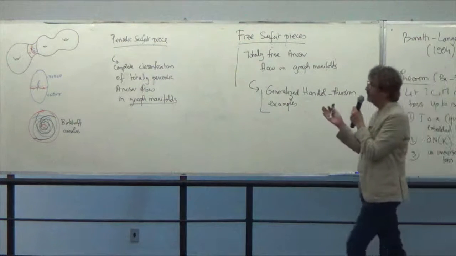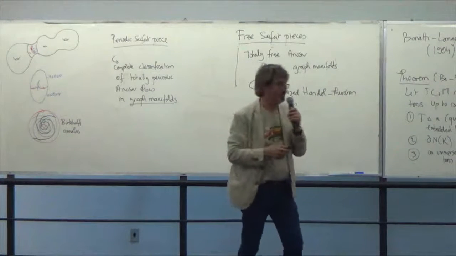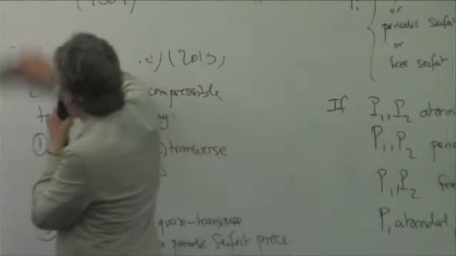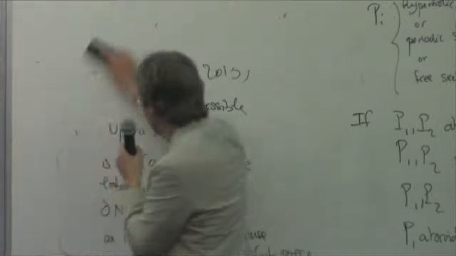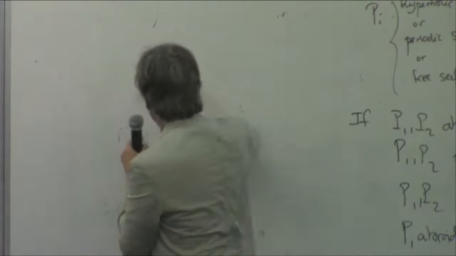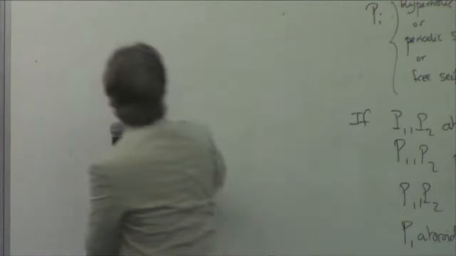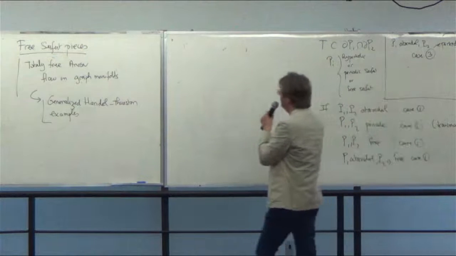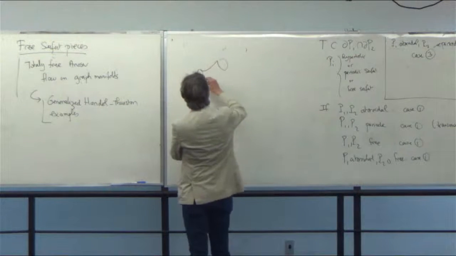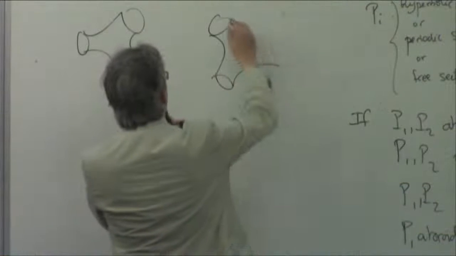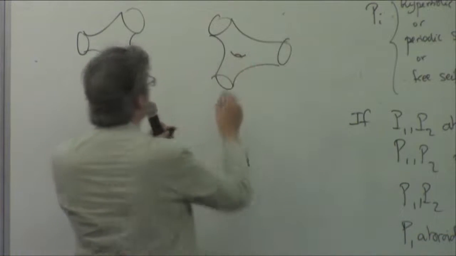And then you can glue back and you still have some examples. What was not very clear in the paper by Handel-Thurston is the following problem. You could take a finite number of, let's say, pairs of points, or not necessarily, but anyway, surfaces with boundary. Here, genus 1.